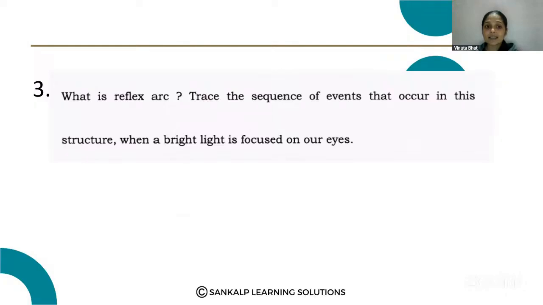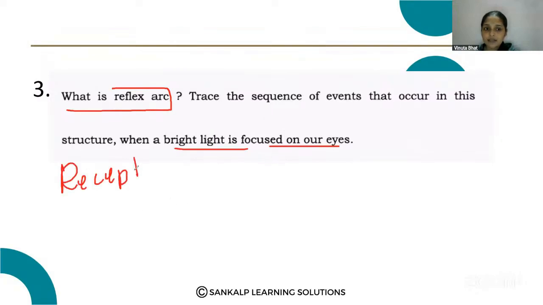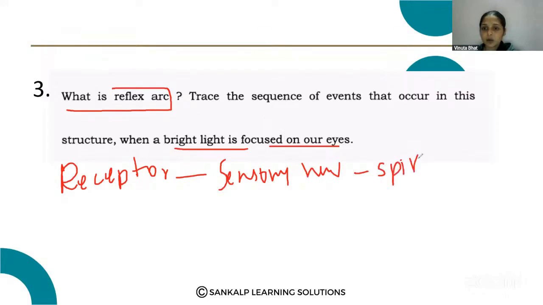What is a reflex arc? Trace the sequence of events that occurs in this structure when a bright light is focused on our eyes. Here you have to define the reflex arc. When a bright light is focused on our eyes, receptors in our eyes receive the light and transmit the impulses through the sensory neuron, then it is transported to the spinal cord.